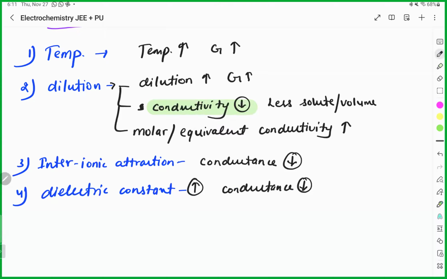The reason is that in conductance you just see the current, while in conductivity you see current per unit volume. So in dielectric constant, what will happen? Ionization and conductance will be more when there is a high dielectric constant, right? When dielectric constant increases, conductance will be more, not less.